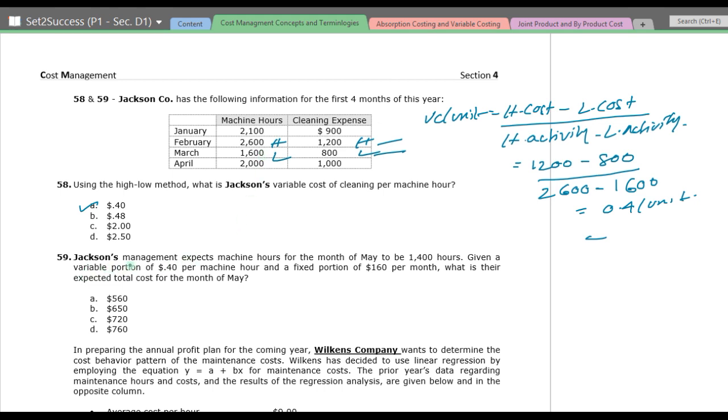Next, Jackson's management expects machine hours for the month of May to be 1400 hours. Given a variable cost of 0.4 per machine hour and fixed portion is 160 per month, what is their expected total cost for the month of May? So the activity is given, variable cost is given, and the fixed cost is given.